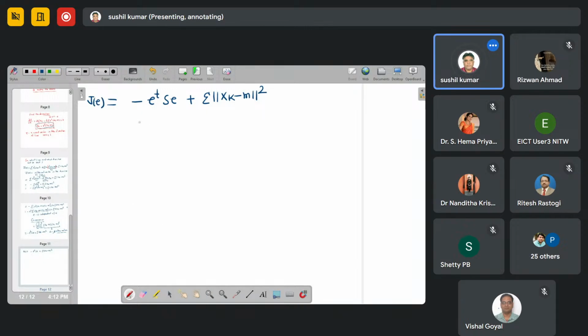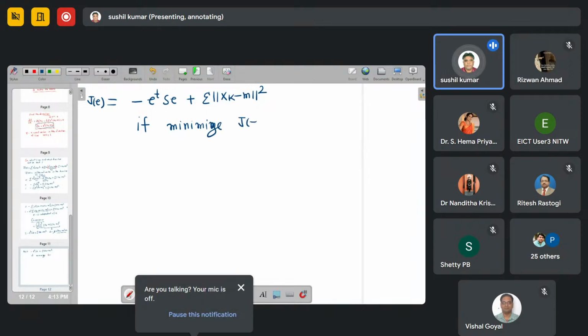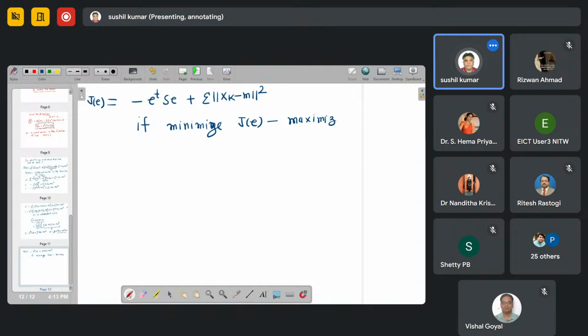Now we are doing all the calculations for error. If you want to minimize J(E), it is very clear now what you will do: you will maximize this E transpose S E. Why?